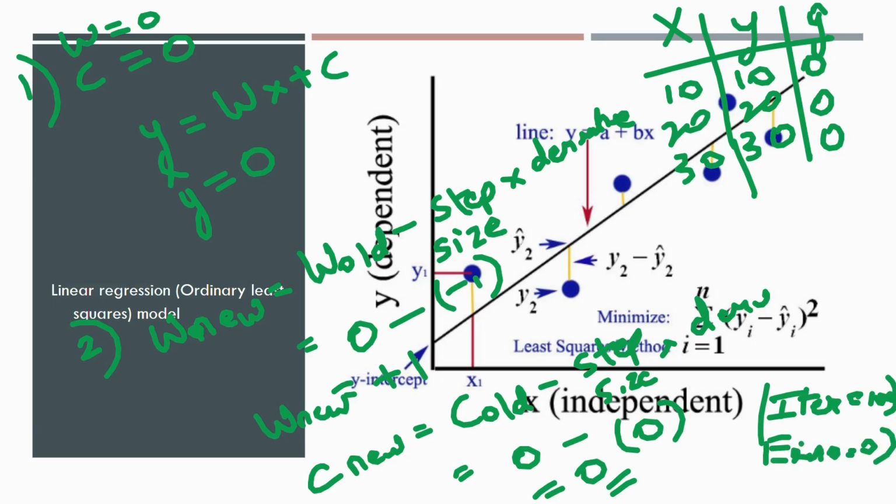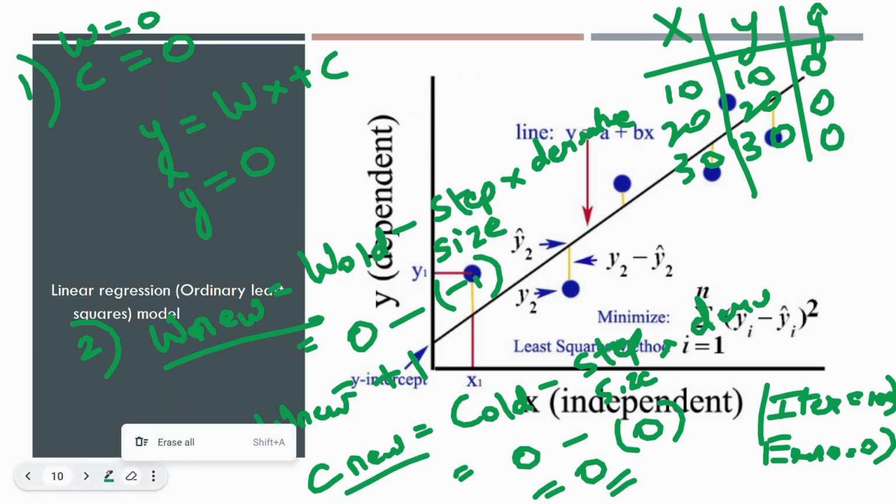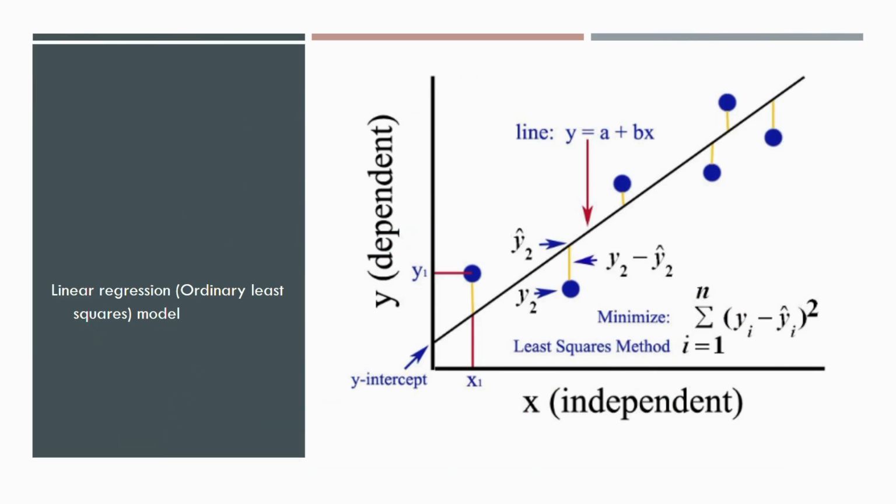In these two conditions we stop updating the weight and bias, that is W and C. This process is called gradient descent, and I will not go into the depth of this technique, but in simple words, initially W and C are 0, let us say, and the error is, let us say, 500.